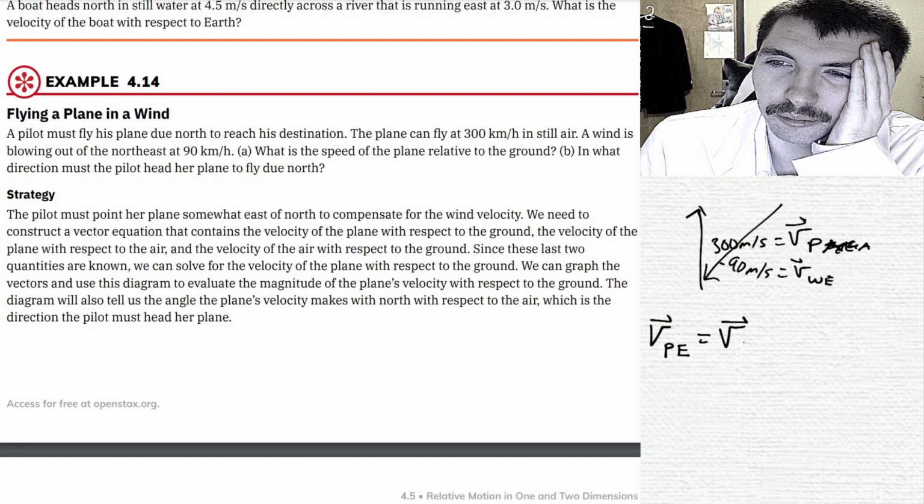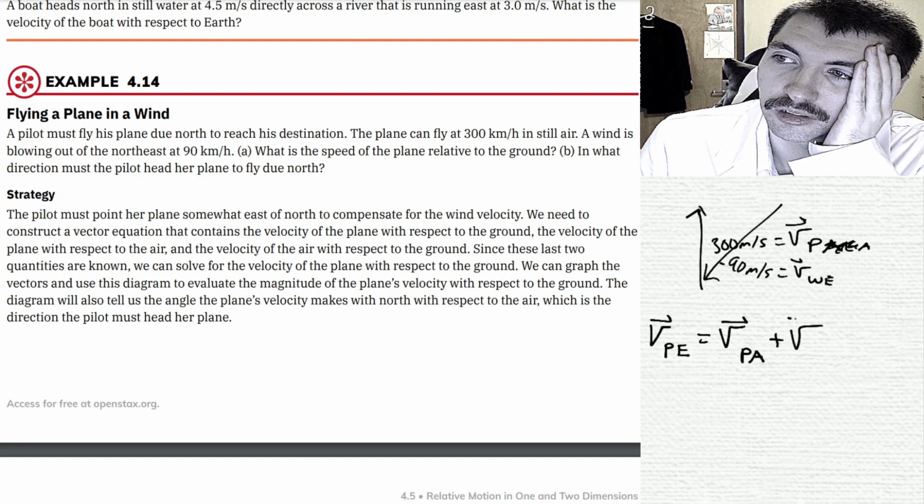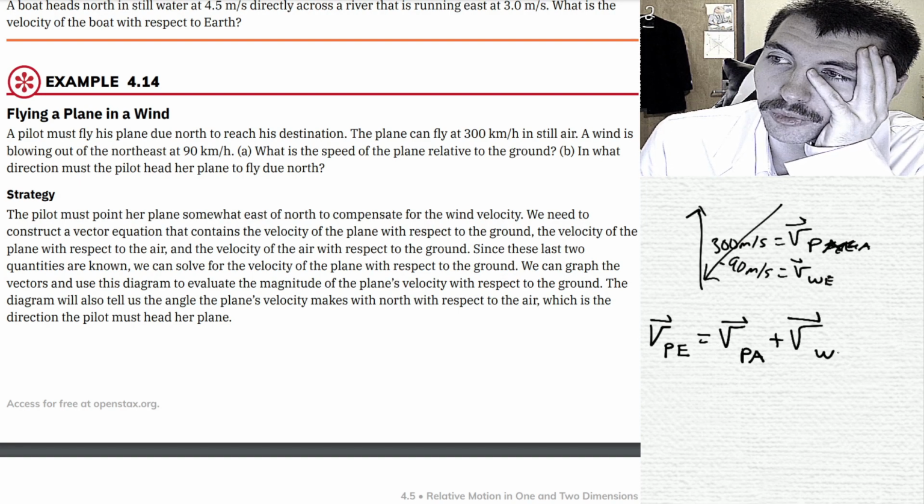So they only partially answer the question first. Okay, so it would be the velocity of the plane with respect to the air plus the velocity of the wind with respect to Earth. So these do not match these.